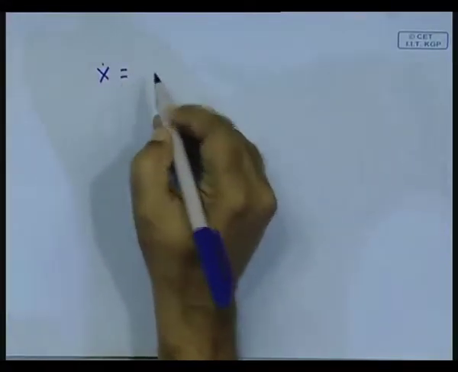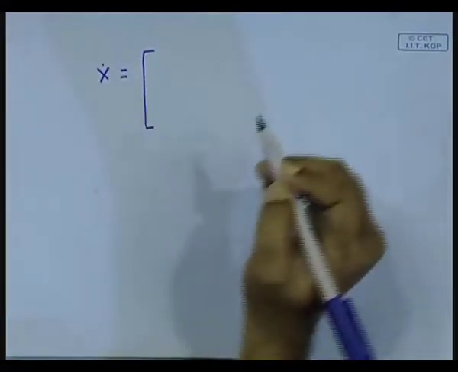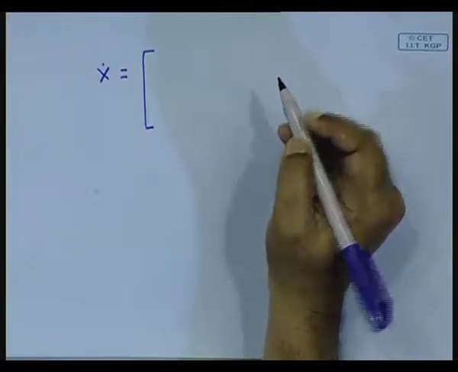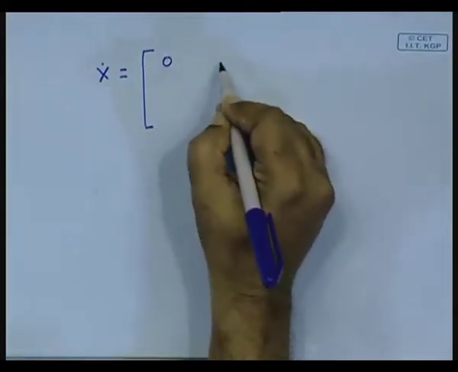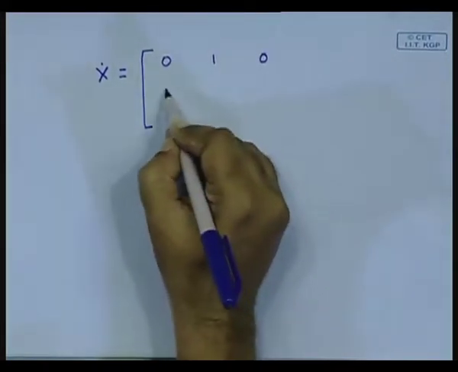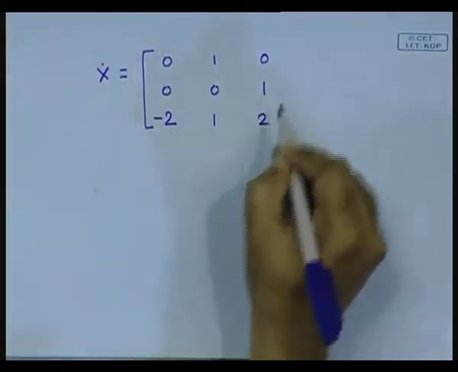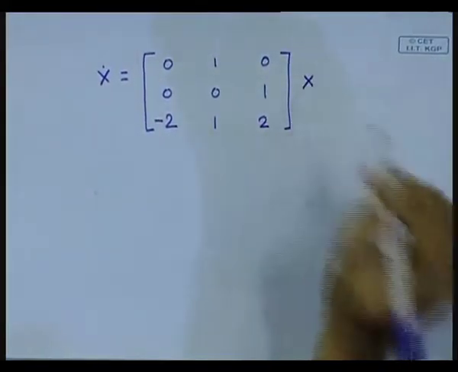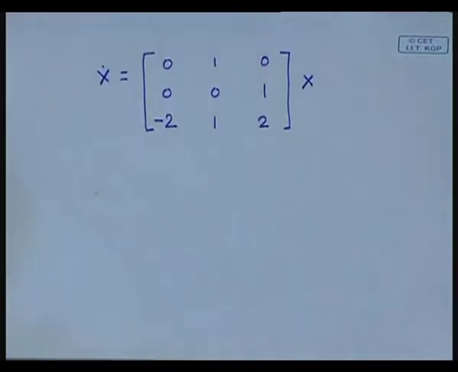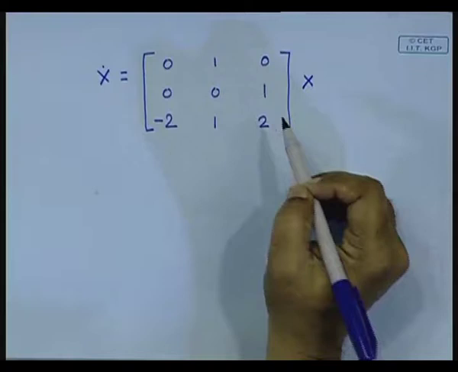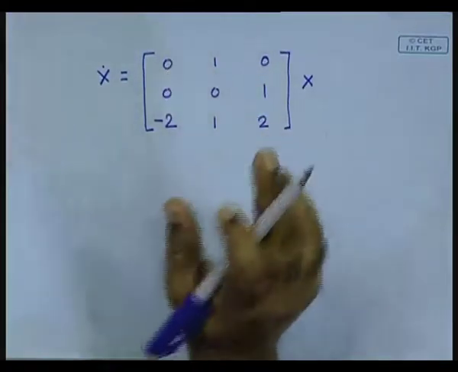So, in the last class we had given a problem and asked you to approach it. The problem was that the x vector is 3D, and the equations are x dot equals the matrix 0 1 0, 0 0 1, minus 2 1 2, times x. So, in this case how would you proceed? First you will go the same way, that means we will try to identify the eigenvalues and eigenvectors.